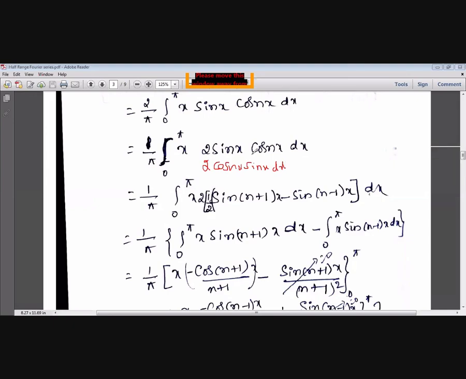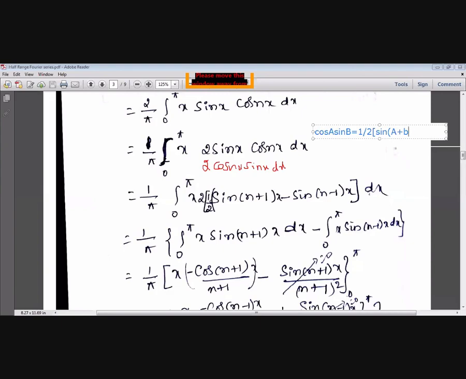Okay, if you write like this, then use the cos A sin B formula. Cos A sin B is 1 divided by 2 into sin(A plus B) minus sin(A minus B).